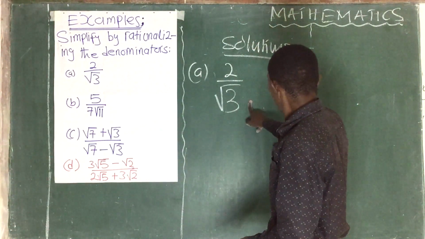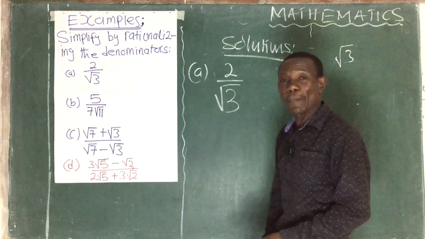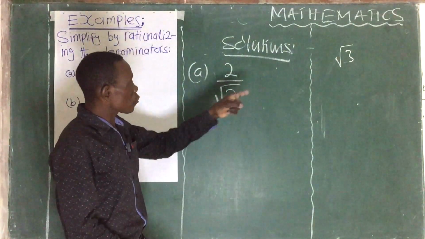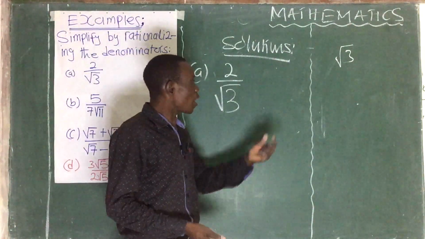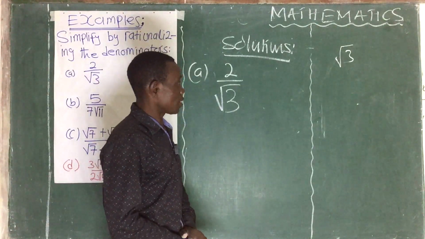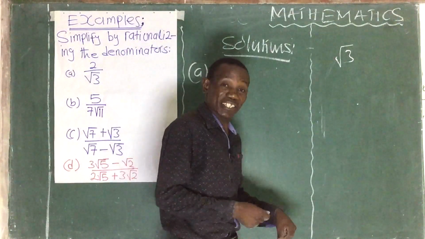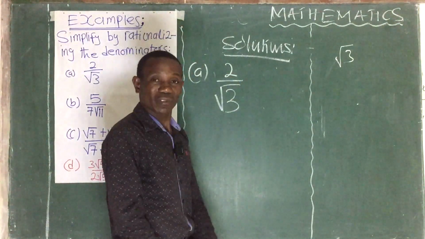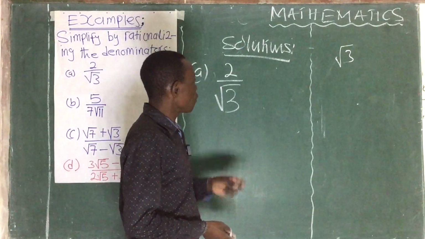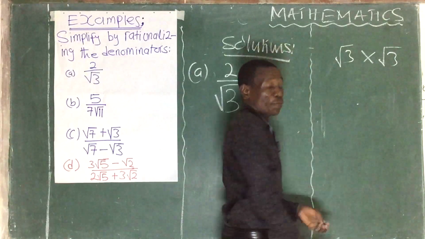So like here, if I may ask you, the denominator here is root 3. What can be multiplied by root 3 in order to have the result as a rational number? That which will be multiplied by root 3 is the conjugate of root 3. So you find that root 3 can be multiplied by root 3 itself.